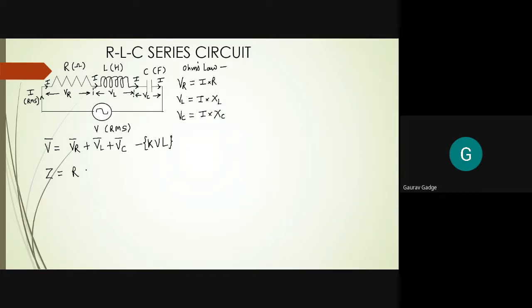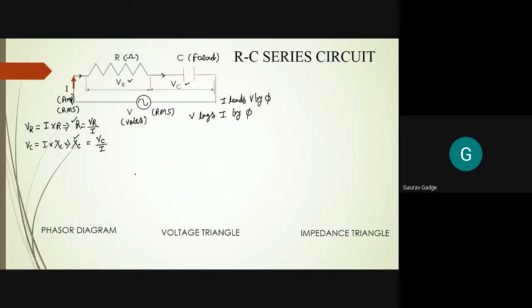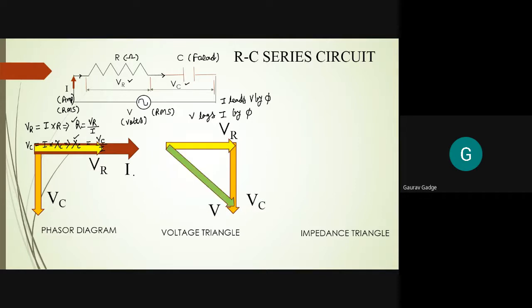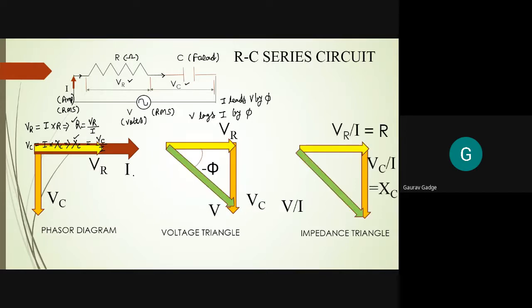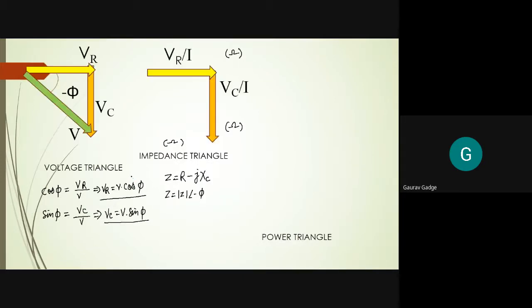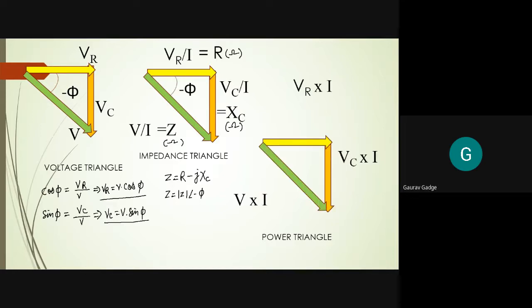Impedance Z, in polar form, is given by XL minus XC. If you remember, we drew the phasor diagram, then developed the voltage triangle, then the impedance triangle, and from that impedance triangle we can write the expression for impedance, that is equal to R minus JXC. You can see this.